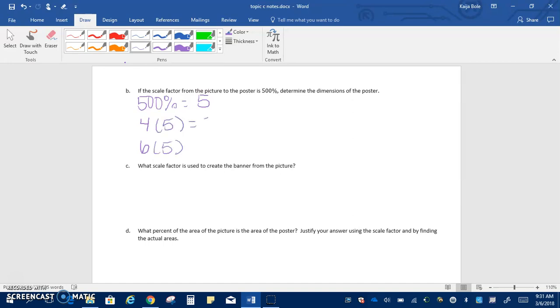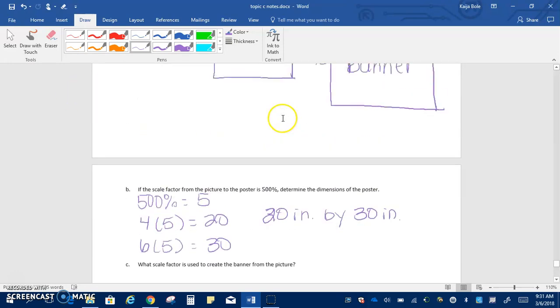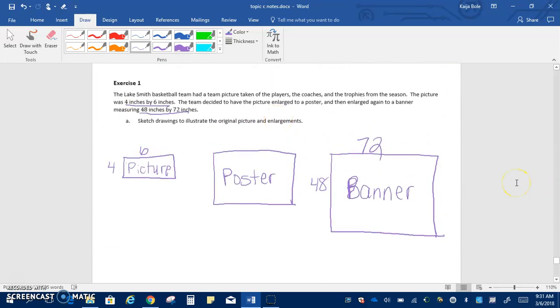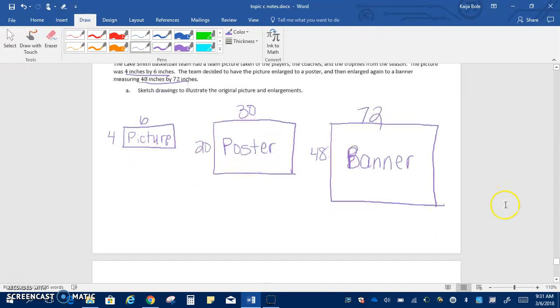So our new dimensions would be 20 by 30, so we can write that would be 20 inches by 30 inches. Okay, and then you can go ahead and put that back on your picture on the last page. We'd have 20 inches by 30 inches. Okay, so that's part B.